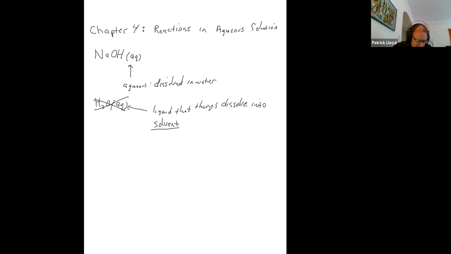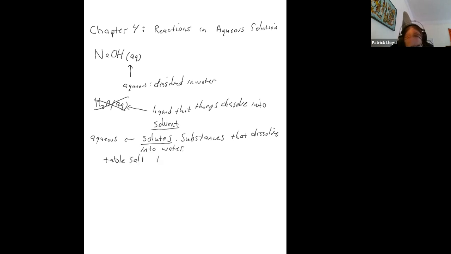Aqueous is used to describe what are called solutes, and these are the substances that dissolve into water. So what dissolves in water? As children, you played with these kinds of things. You know that table salt dissolves into water, right?